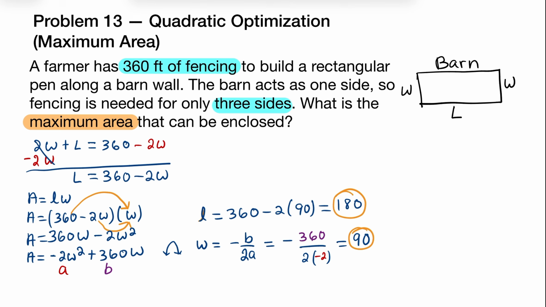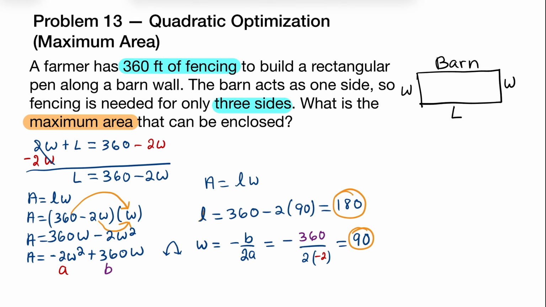And going back to our formula, we have area equals length times the width. Oops, let me make that a little bit neater. So we have area equals the length times the width.